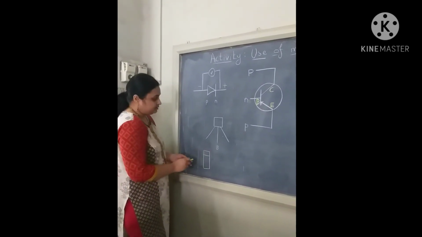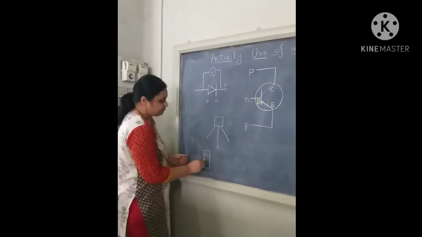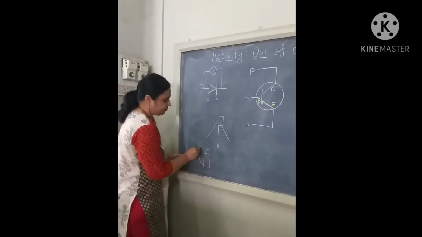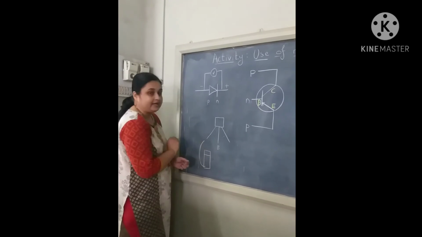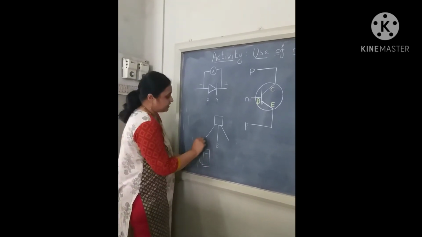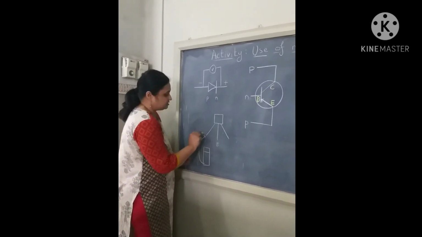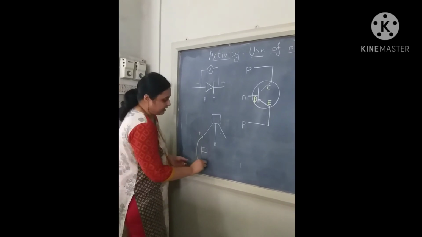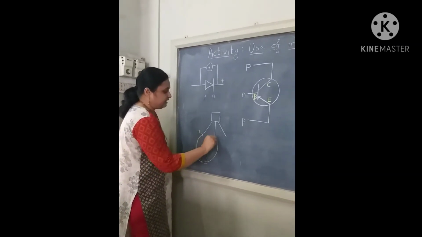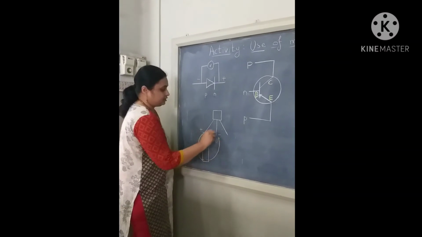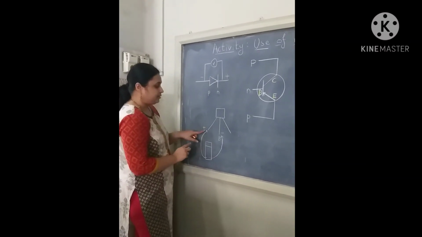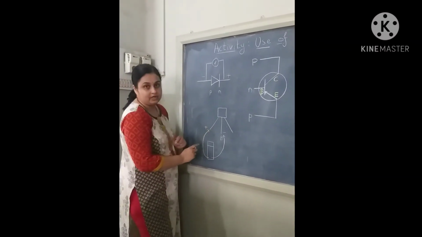Suppose this yellow line is indicating positive. I connect positive over here. This is my positive terminal. And this white line is my negative terminal. Okay? So I have connected positive over here and negative over here.